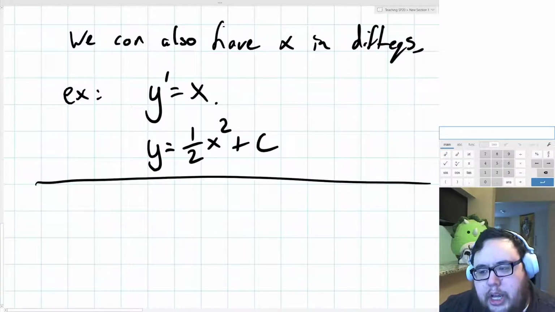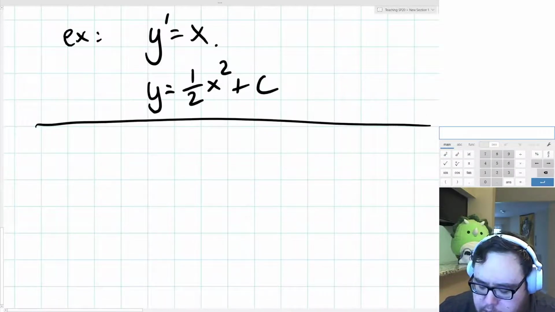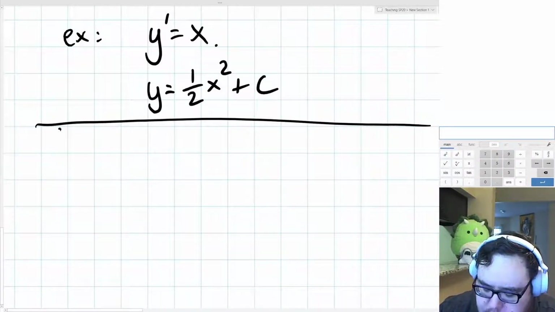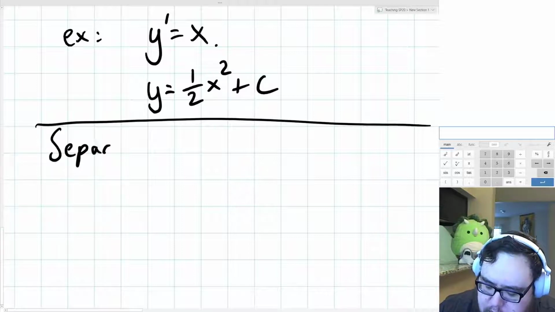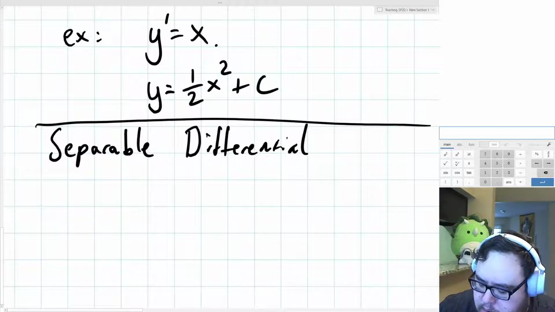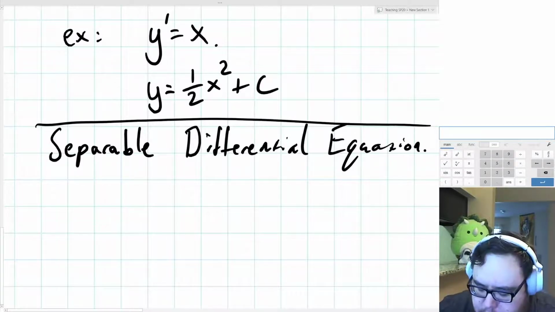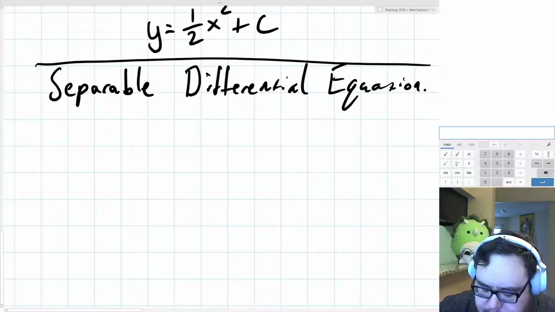The particular type of differential equation that we'll be able to solve in this class is what's called a separable differential equation.